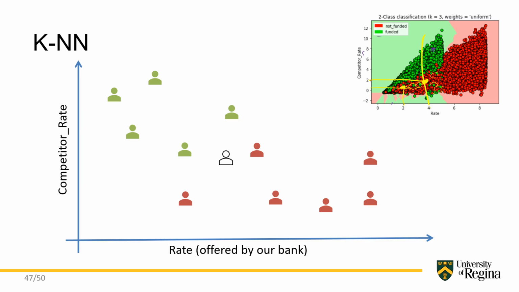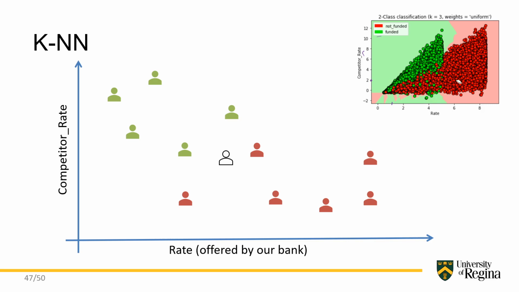But if the competitor rate, for example, is 8, then the rate that we offer up to around 8 is mostly funded. So I would say that one reason for these high rates could be that the score of those applicants could be low, or any other reason that they were offered a very bad rate and they could not afford it and they were not funded.